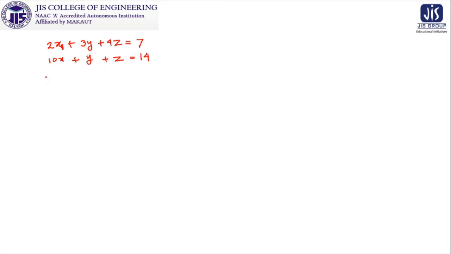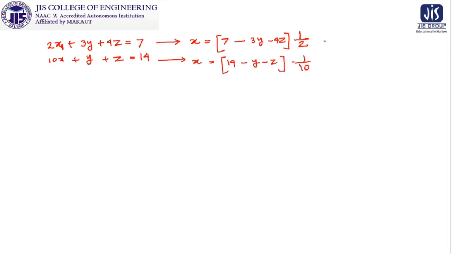From the first equation we can write x is equal to (7 minus 3y minus 4z) into 1 by 2, and from the second equation we can write x is equal to (14 minus y minus z) into 1 by 10.